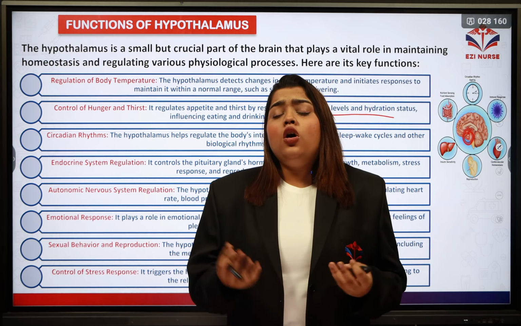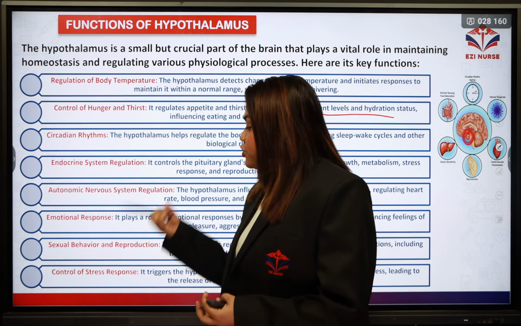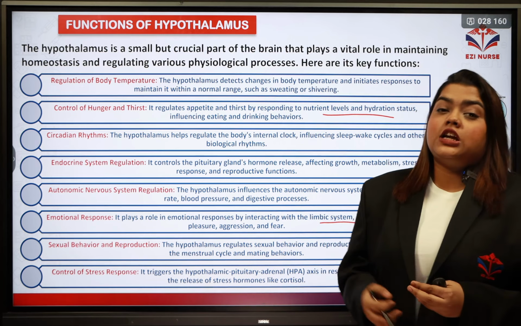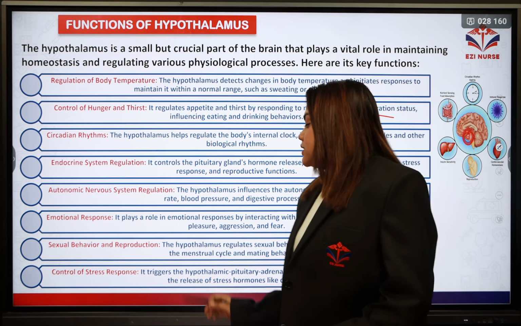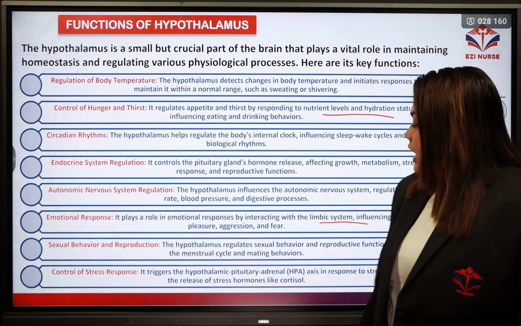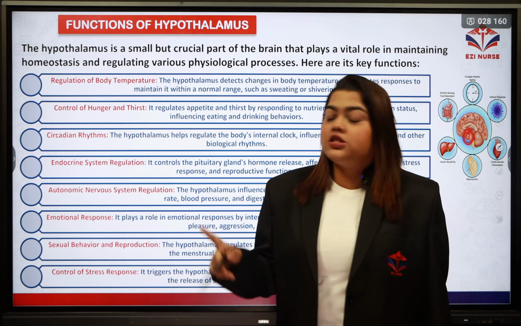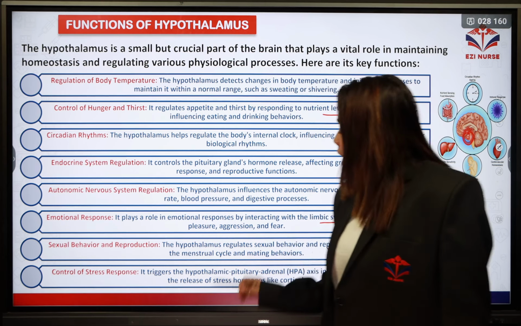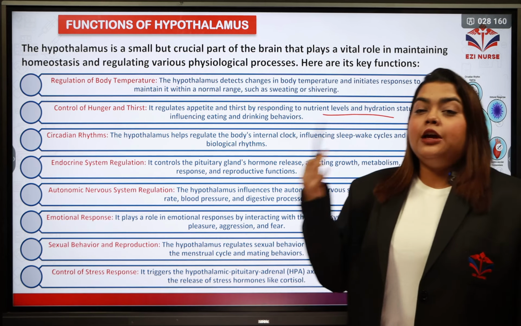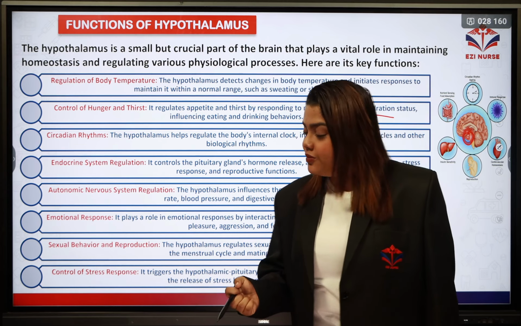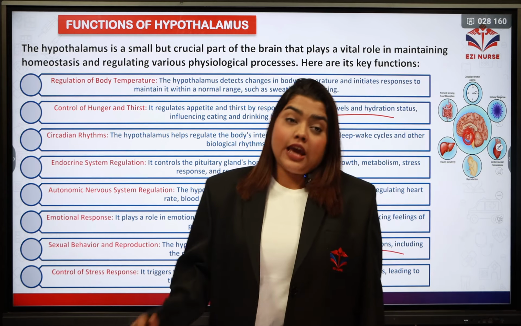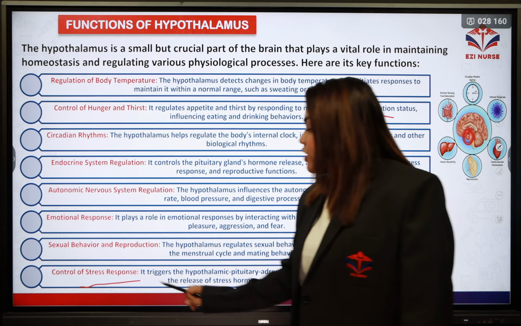The maturity of sexual behavior and reproduction is also handled by the hypothalamus. It regulates sexual behavior and reproductive function, including the menstrual cycle in women and maintaining different kinds of sexual behaviors. And lastly we have the control of the stress response.